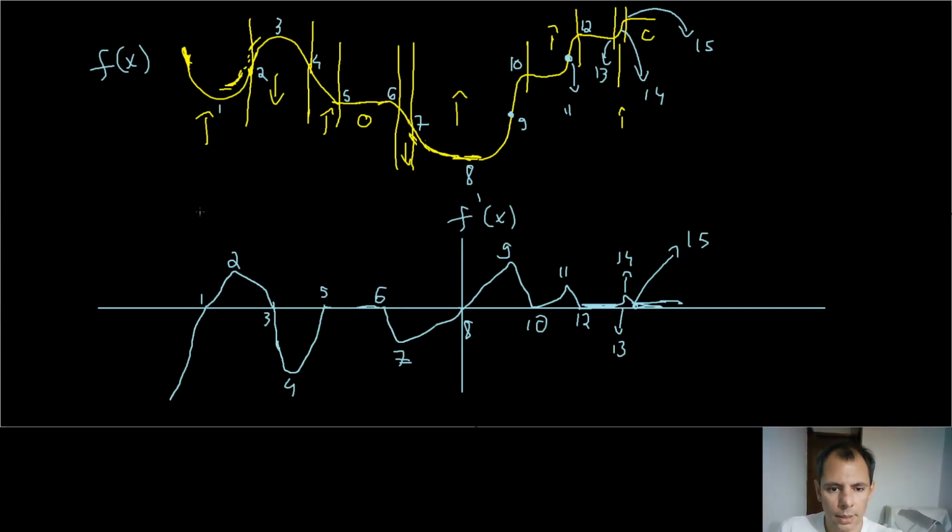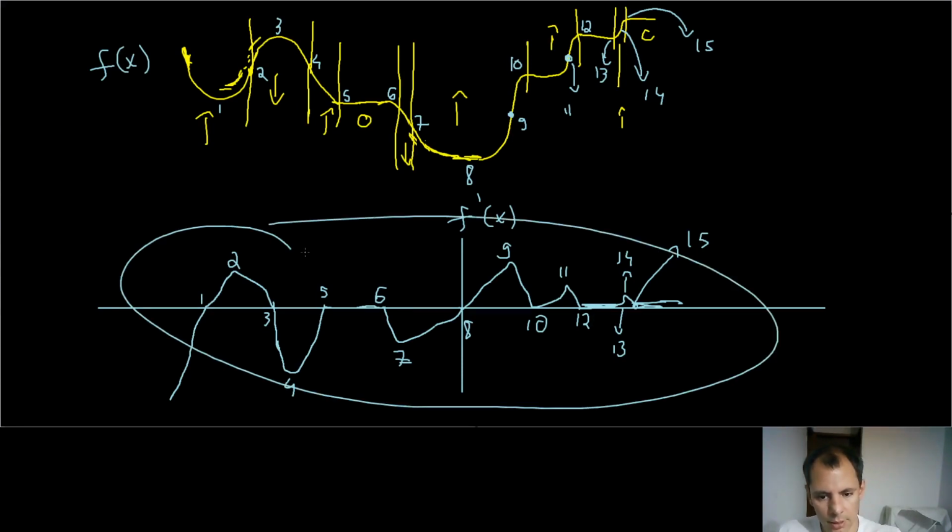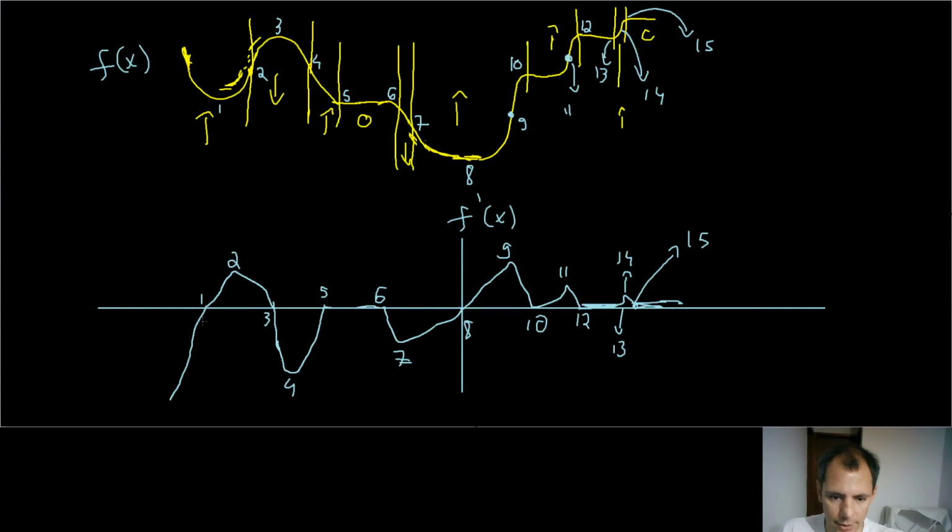Now over here, in this graph here, f prime of x is 0, for example, at point 1. Now, what is the second derivative here? It's positive. You see that it's going up. The second derivative is going to be the tangent of the first derivative. The first derivative is the tangent of the original function. So it's going up. Okay?